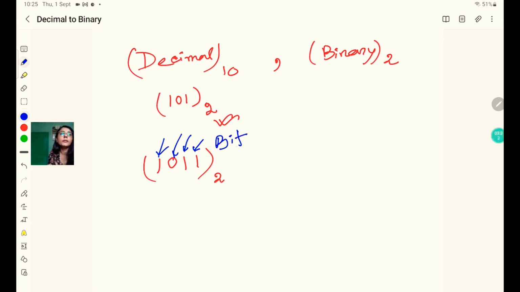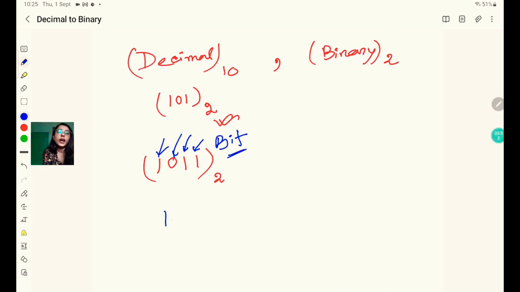So each of the values inside a binary number is called a bit. Now an 8-bit grouping is called a byte.